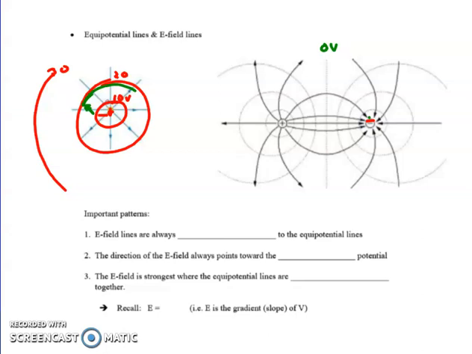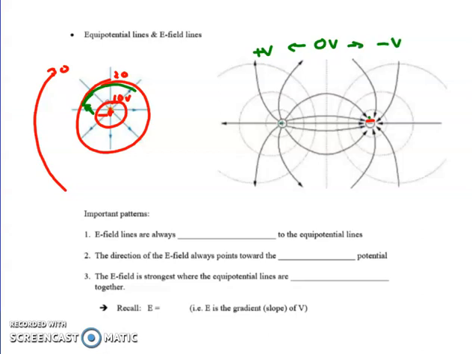At that point, you have no potential relative to the field, yet there's still a force there because we clearly see field lines there. In fact, the field is pretty strong right there, even though you're at 0 potential. So a common mistake is to assume that at 0 potential, there's no force. That can't be. Everything to the left of this is going to be positive potential, and everything to the right is going to be at negative potential.